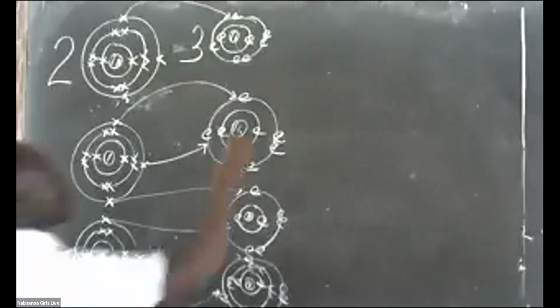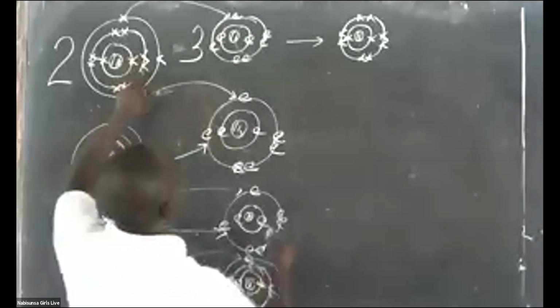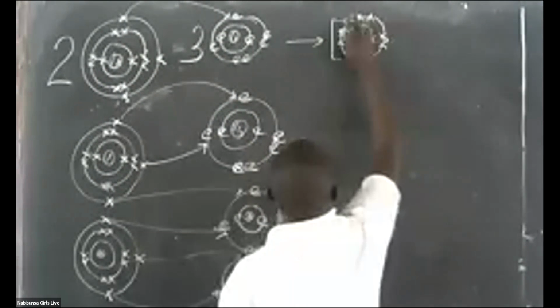So what do we obtain? About the nucleus of our energy. And how many are they? They are 2. So I put it.